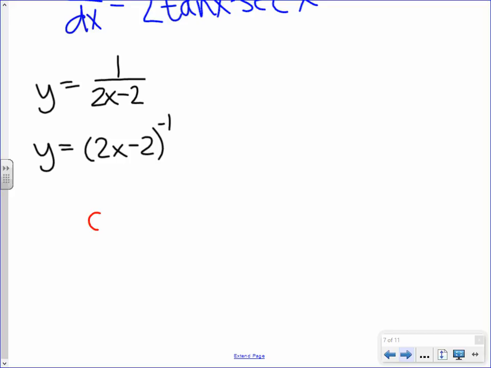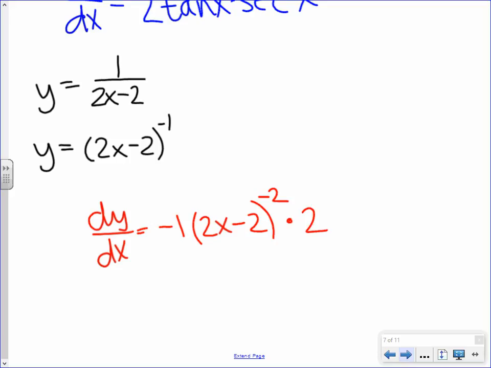Now we can use the chain rule, where on the outside we have a function raised to the negative first power. So we could write -1 times leave the inside alone. Our power decreases by 1. And then we would need to multiply by the derivative of the inside, which is 2.